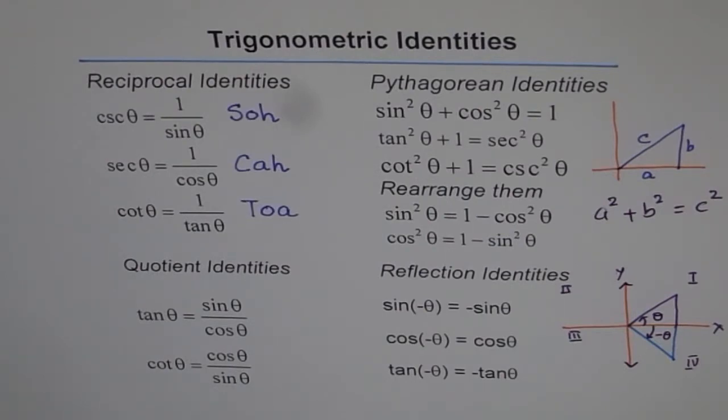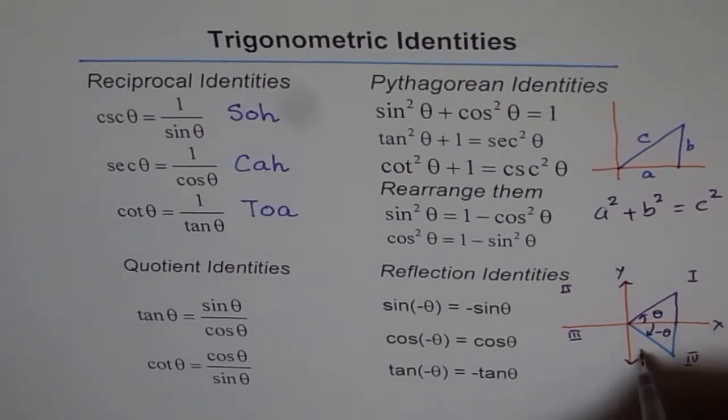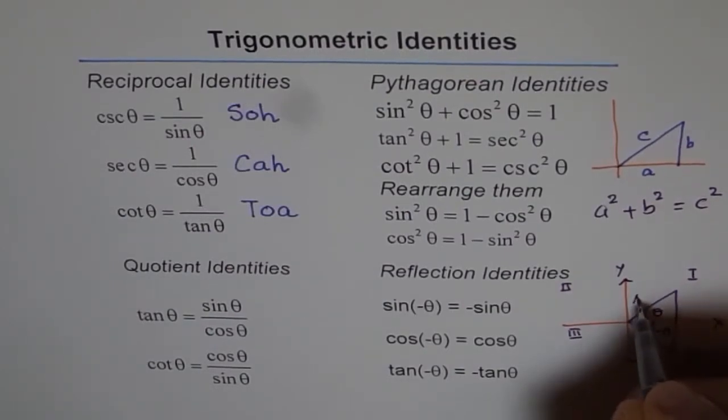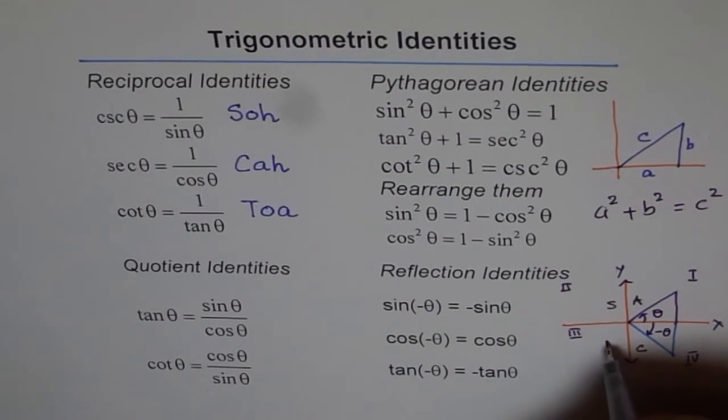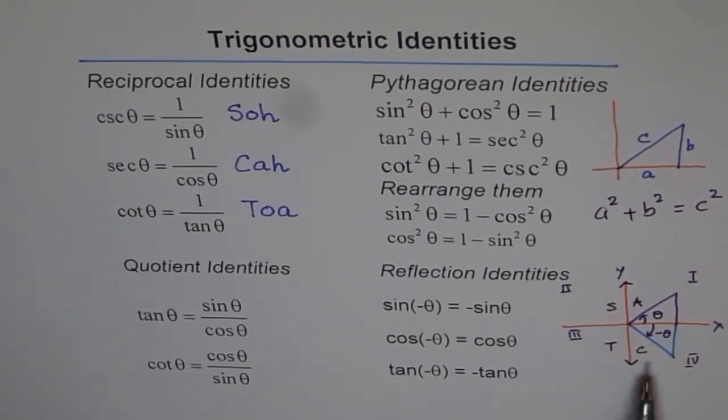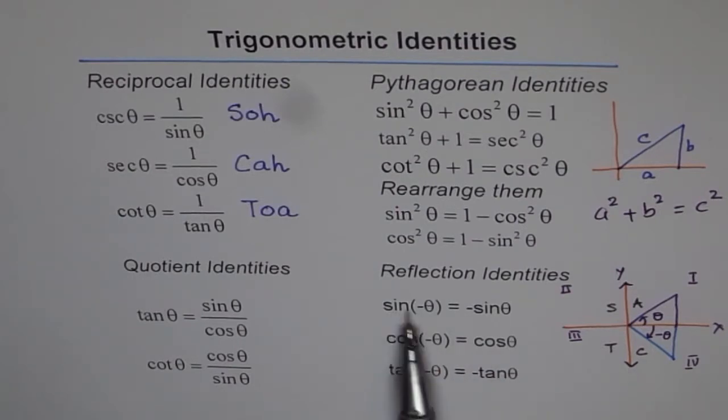So let me write down the CAST rule for you here so that things become simpler. So cos is positive here, therefore cos of minus theta is positive cos theta, but others, sine and tangent, are negative. So sine of minus theta is minus sine theta and tan of minus theta is minus tan theta, correct?